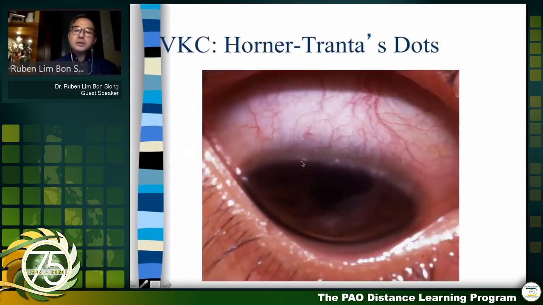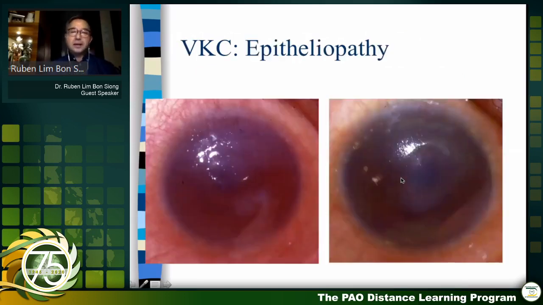In VKC you can also look for Horner-Trantas dots, which you may not see through teleophthalmology, but you don't need that to make a diagnosis. Poor vision, foreign body sensation, itching. You see loss of luster when they take a picture with the flash or the light and you don't see a sharp reflection.